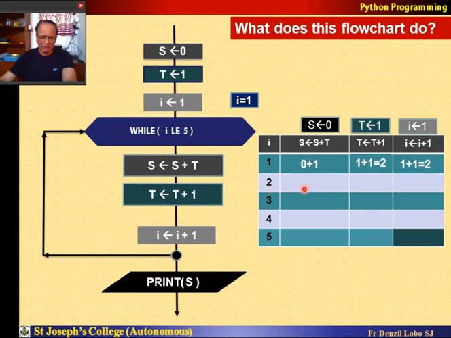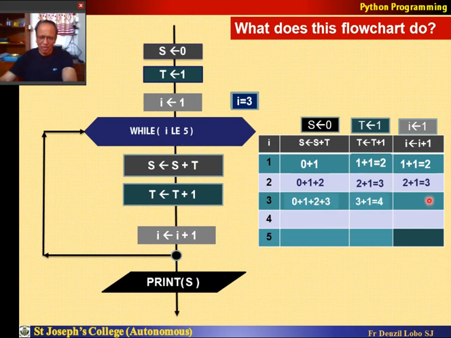Already S contains 0 plus 1. What is the value of T? I value is 2 here, so it is going to be 0 plus 1 plus 2. Now T becomes 3 and I becomes 3. Then it is still less than or equal to 5. So now S is equal to 0 plus 1 plus 2, then adds 3.